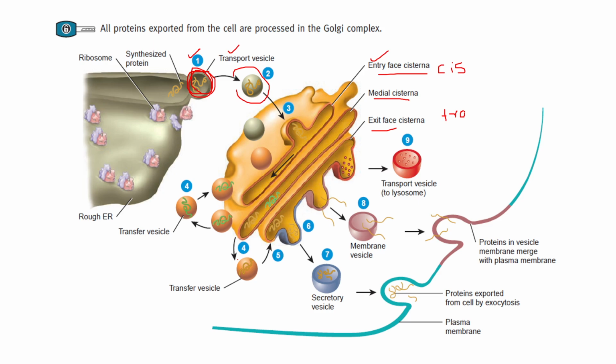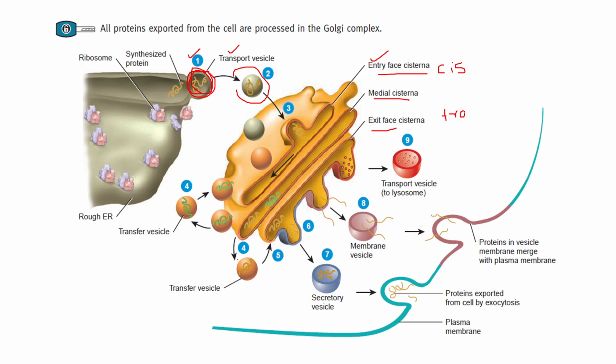Now this transport vesicle will go to the plasma membrane, and it will get exported out from the cell by the process of exocytosis. What is exocytosis? It is the removal of material from the cell. So these are the steps for the process of transportation of protein.